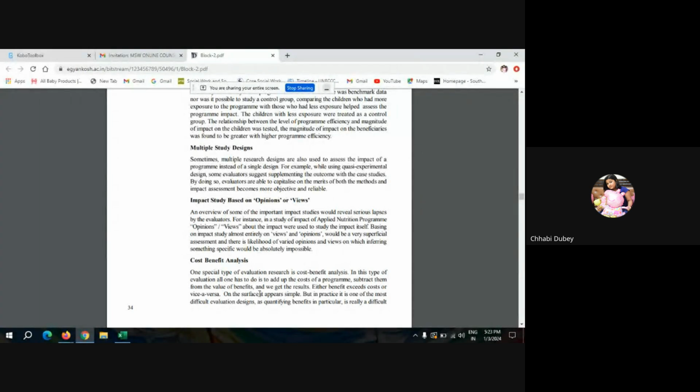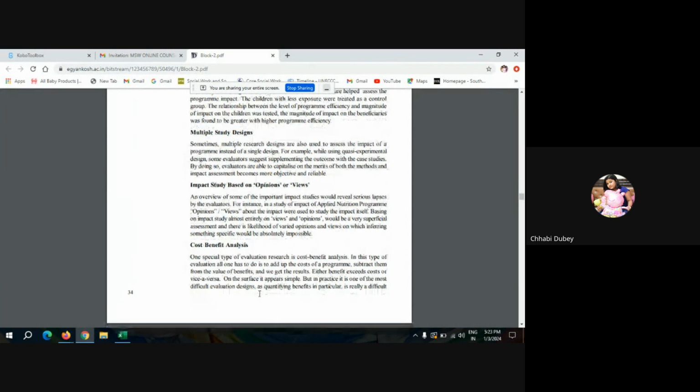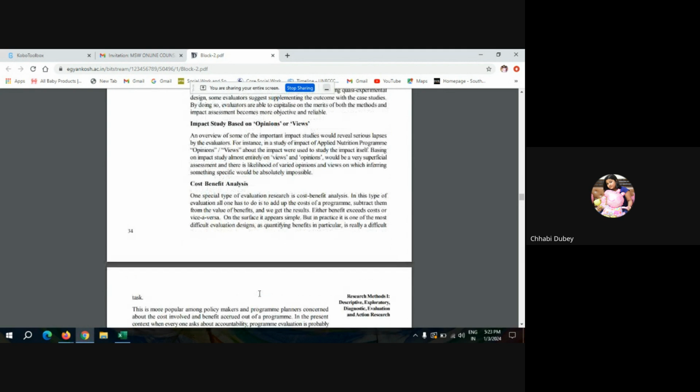So cost benefit analysis is generally considered the difference between the benefits that accrue and the cost. On the surface, it is quite simple, but in practice, it is a very difficult evaluation design. Quantifying benefits in particular is quite difficult, especially when we are talking about more qualitative aspects.